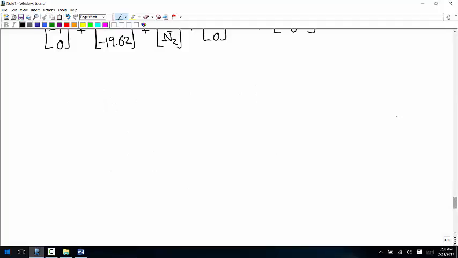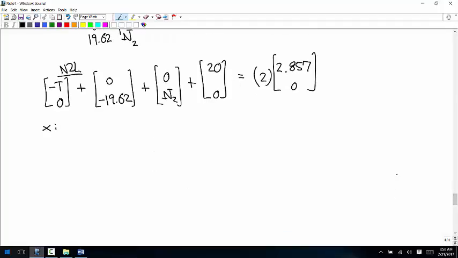So we get an x equation that says negative T plus 0 plus 0 plus 20 is equal to, what's 2 times 2.857? 5.714. I bet 50% of those digits are right. It's important though, actually. So someone calculate that, please. Okay.